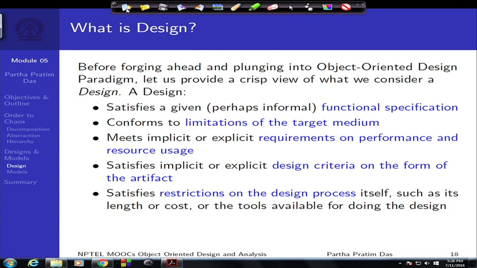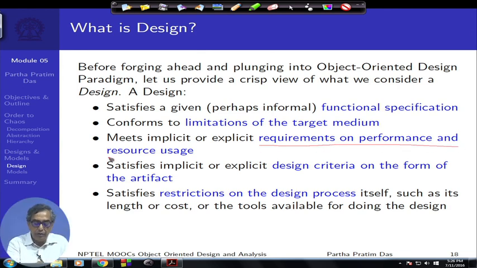So, whenever we talk about design, please try to understand the requirements of performance and resource usage. That is, performance will be in terms of time, performance will be in terms of maybe power, and the kind of resource, time, memory, power you use. Make it clear that your design will need to consider these aspects.